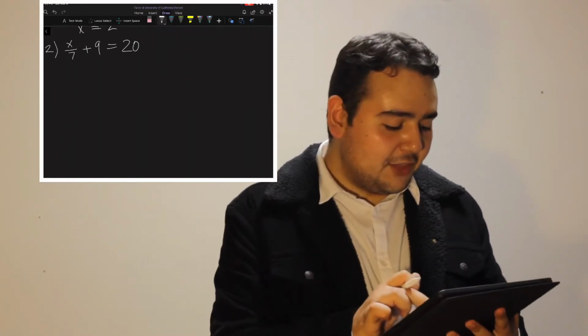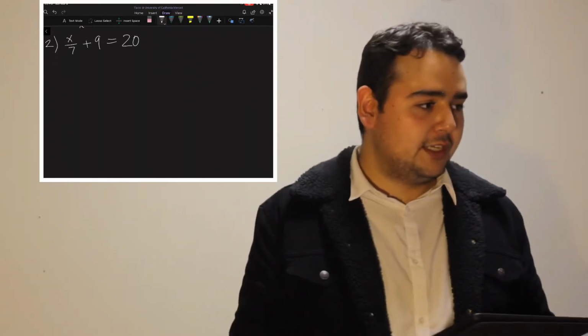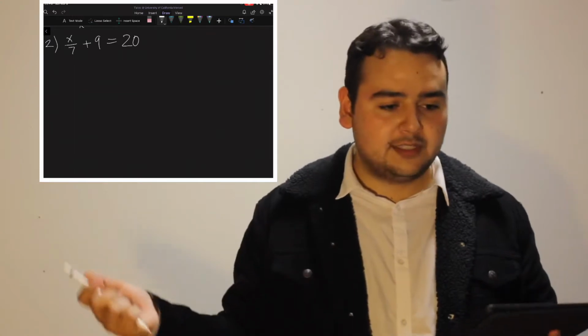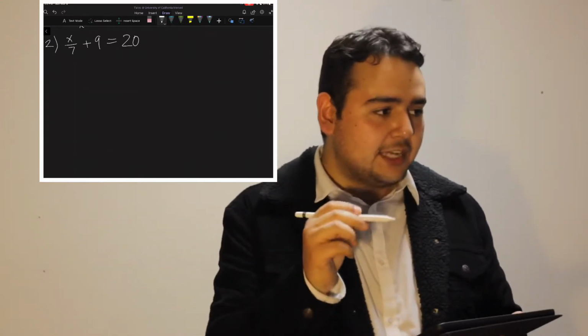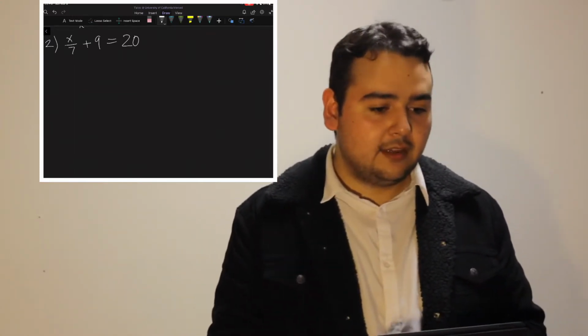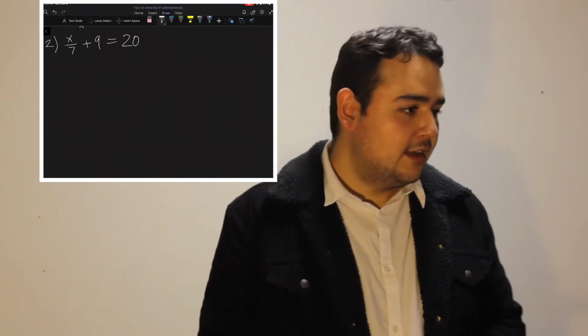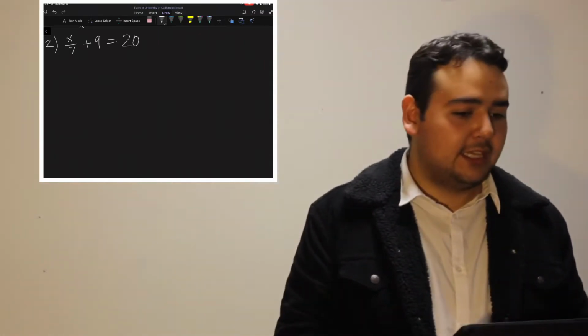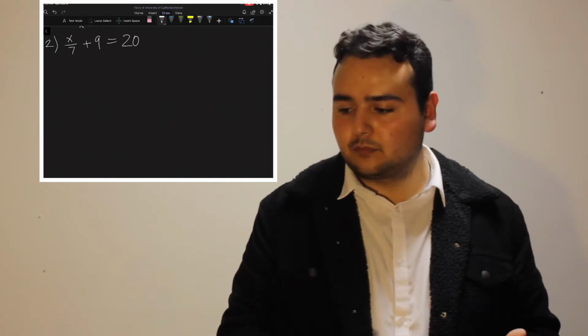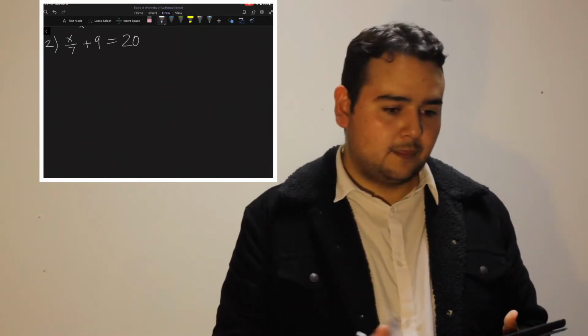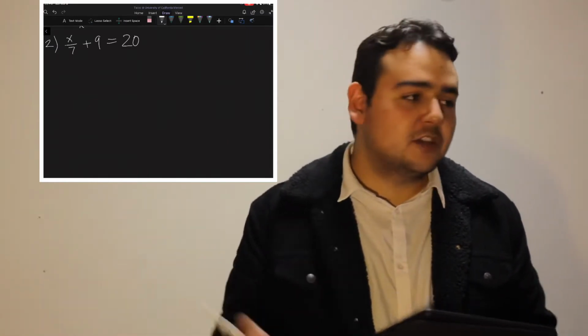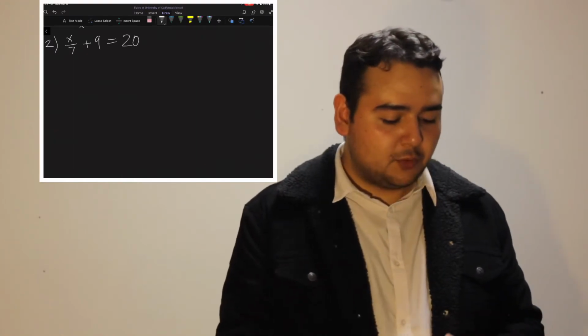So now I have another one for you guys. This one might be a little bit more tricky. If we have the fraction x over 7 plus 9 equal to 20, how can we solve this equation to get x by itself? You want to subtract the 9 again? Yeah, that's the first step we should always do, make sure we're subtracting the 9.